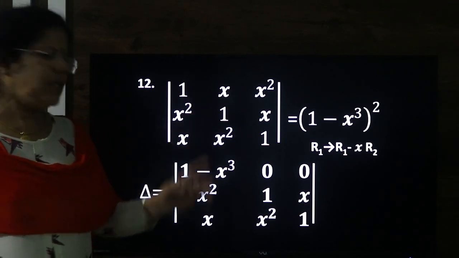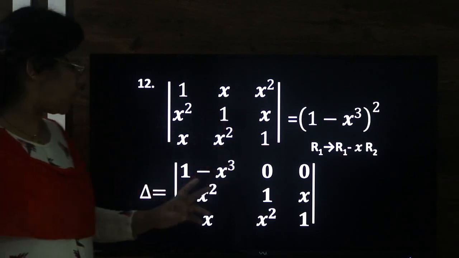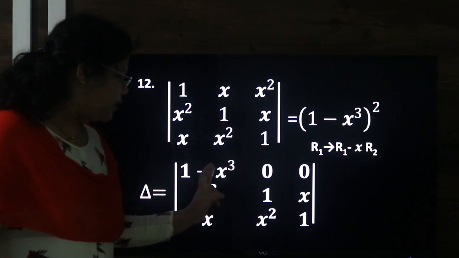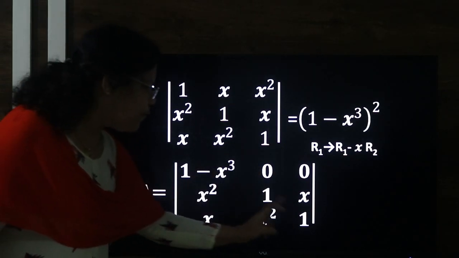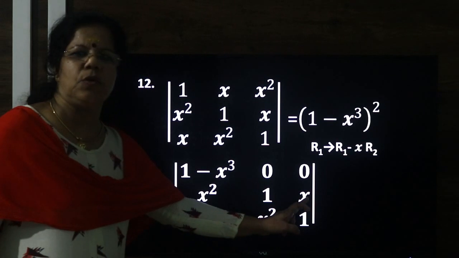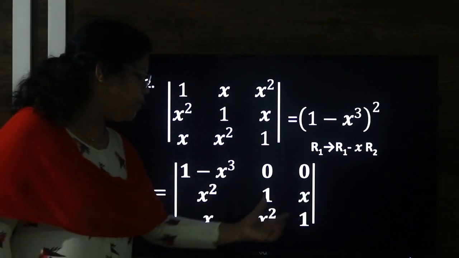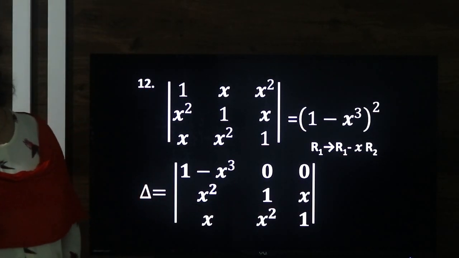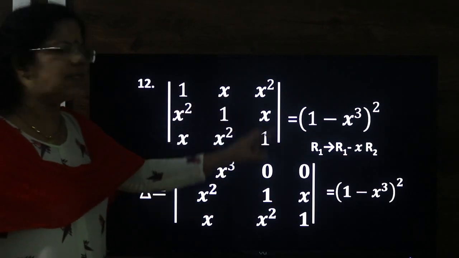Now, expand it, because already you got 2 zeros. You expand using the first row. What will happen? 1 minus x cube into, deleting that row and column, 1 minus x cube. So ultimately 1 minus x cube into 1 minus x cube, which is 1 minus x cube whole square. You see the same problem.